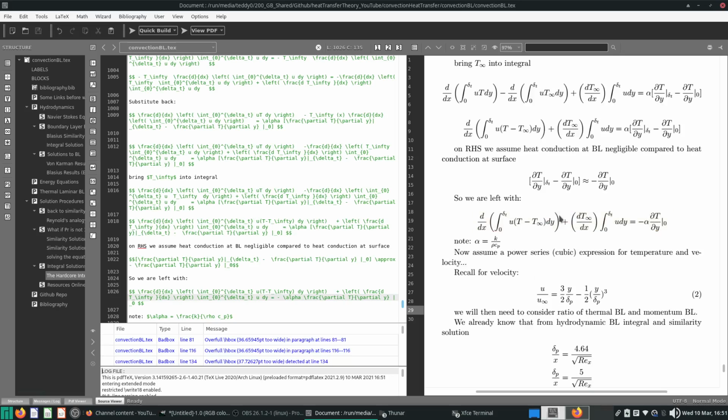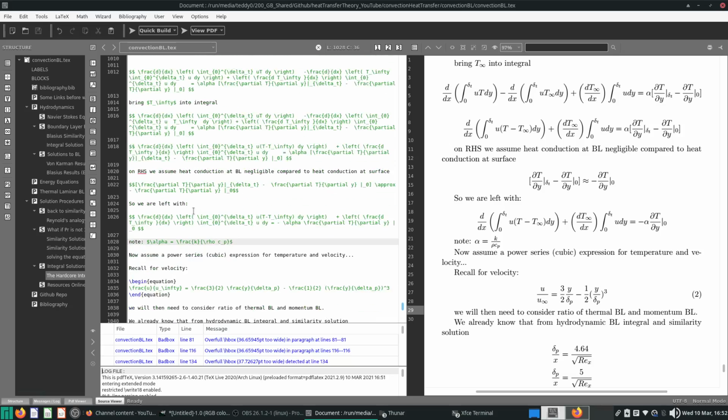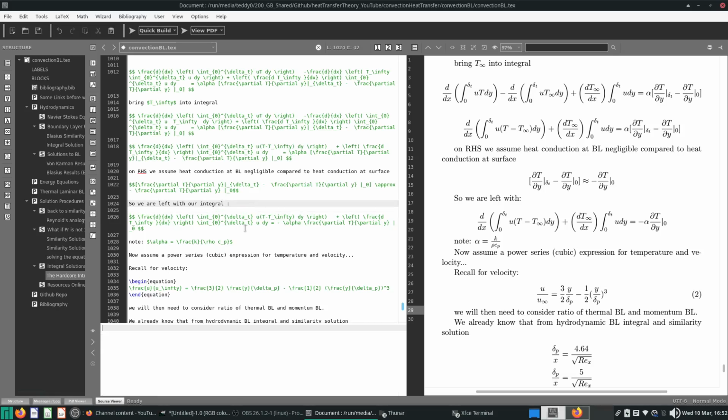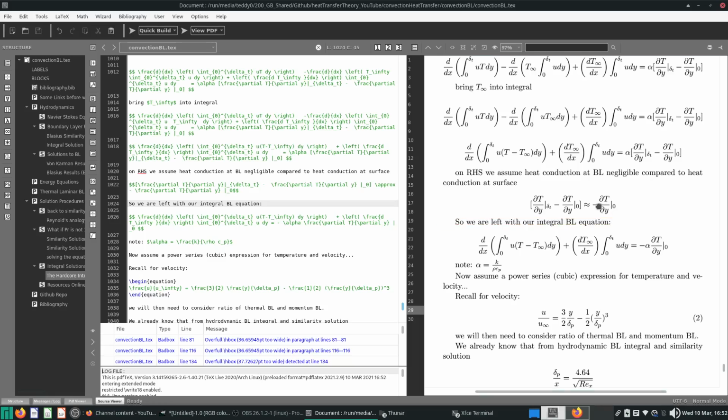Okay, so this becomes our integral solution, or integral boundary layer equation. All right. So we made some assumptions, this one being quite important, based on order of magnitude analysis, of course. Mostly this term is much greater than this term, so this term we can neglect.